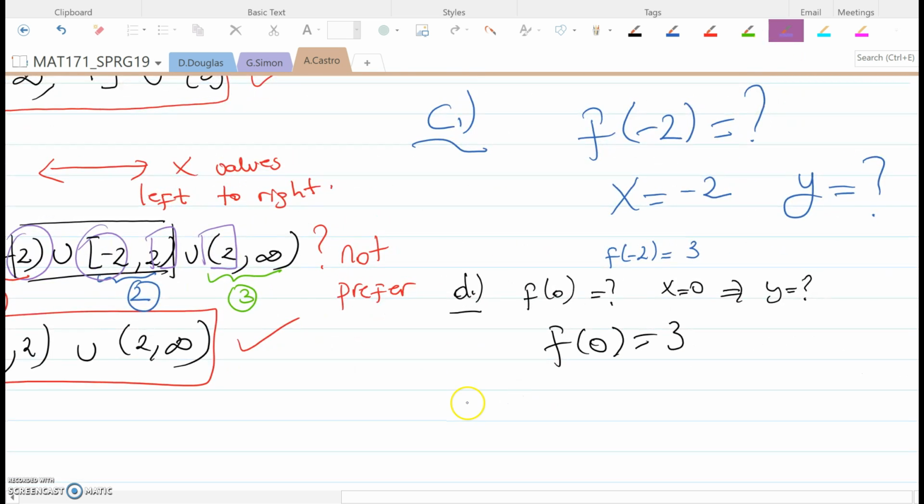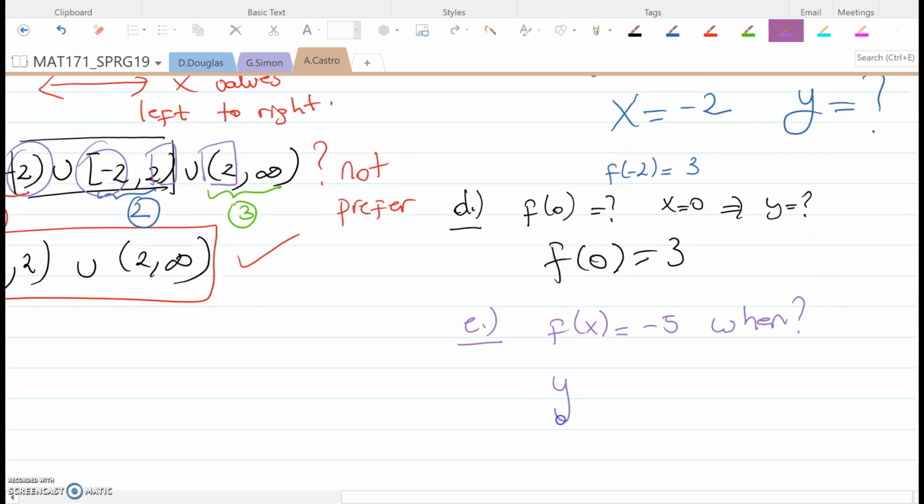We've done that. Now part E is asking f of x is equal to negative 5 when. So this is how we read that. We are having a y value equals negative 5. What input or x value should we be plugging in?